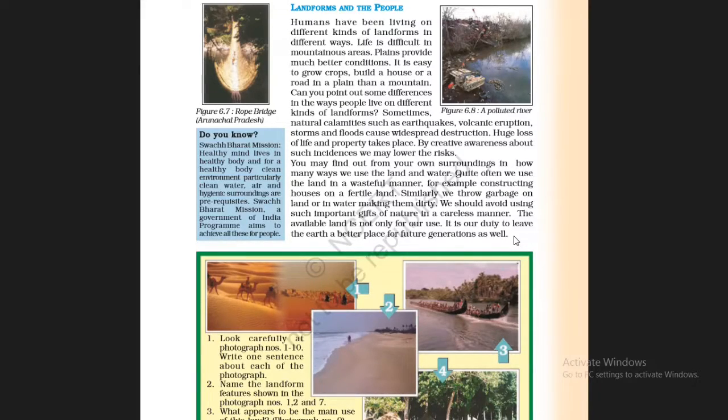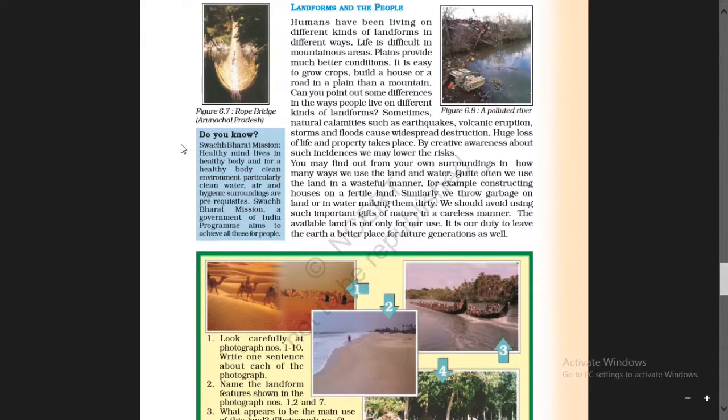The available land is not only for our use, not just for us only. It is our duty, remember, to leave the earth a better place for our next generation as well, so that they can survive well.